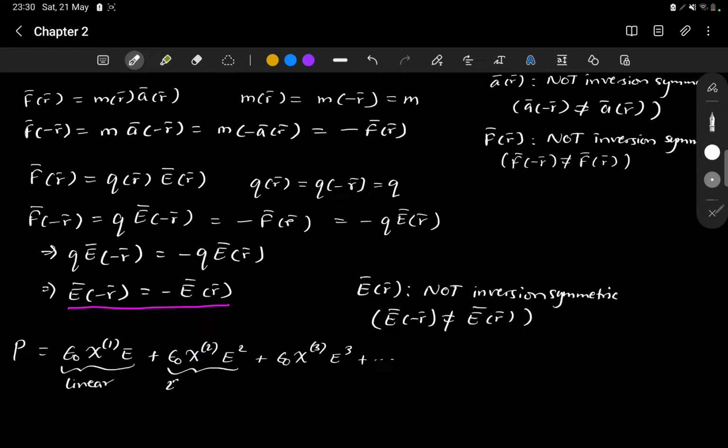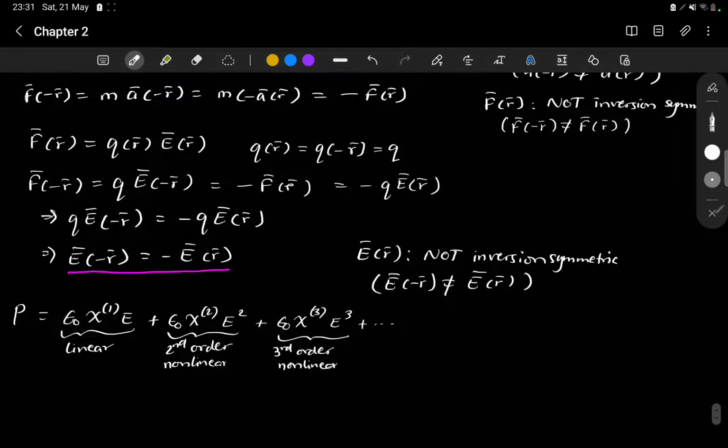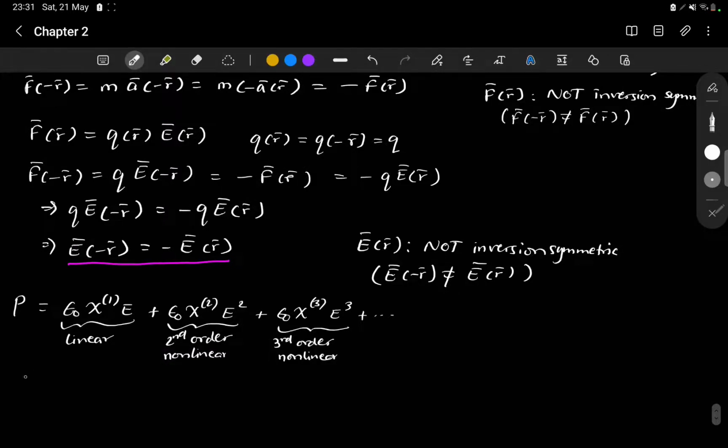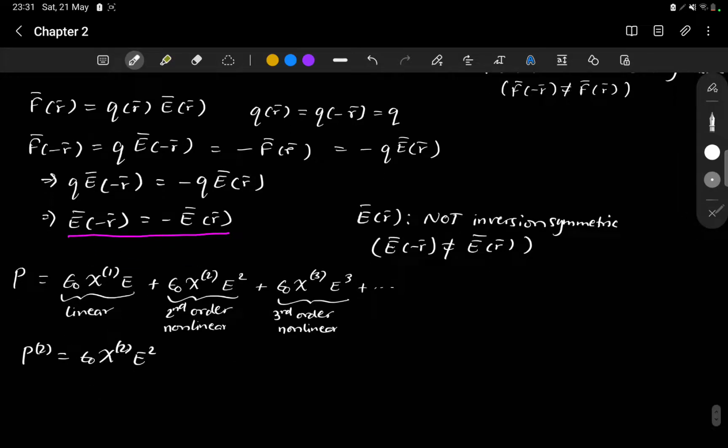This is the second order nonlinear term. This is the third order nonlinear term, and so on and so forth. We need to focus on the second order nonlinear term. So for the second order nonlinear term, the contribution to the polarization is the following: epsilon naught chi 2 times E squared. We need to focus on this term.